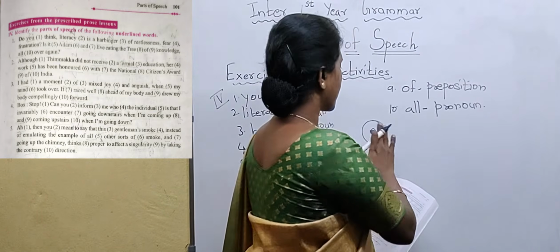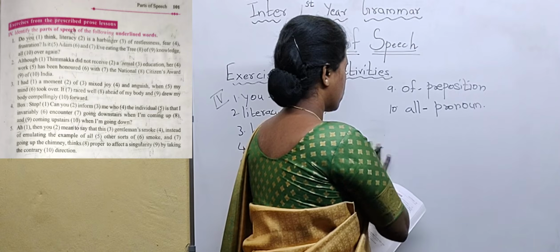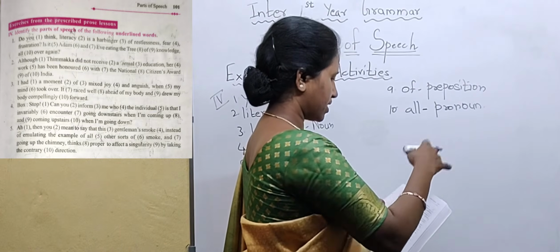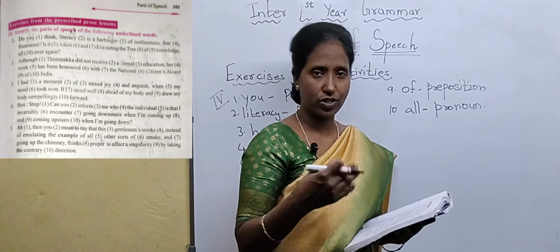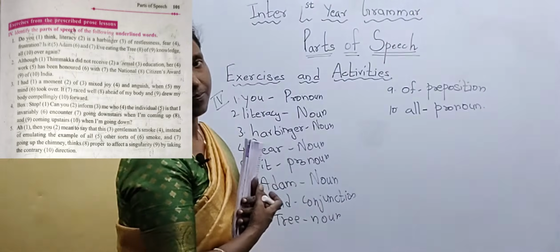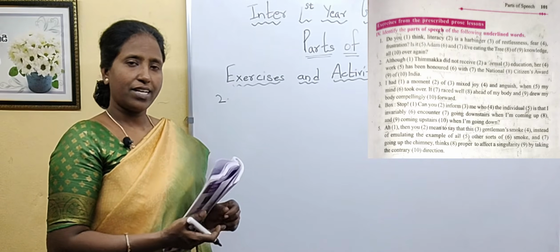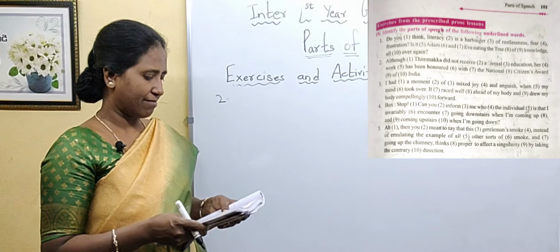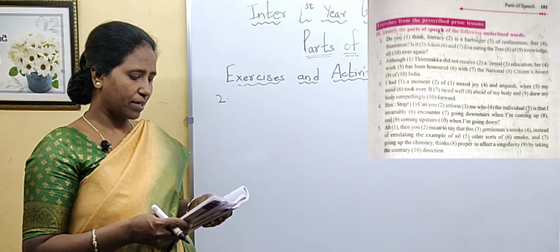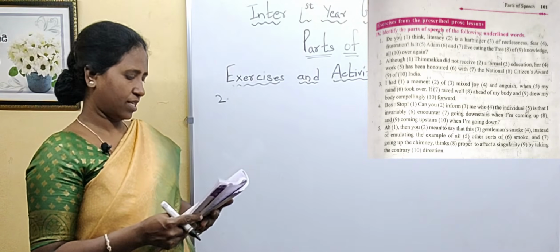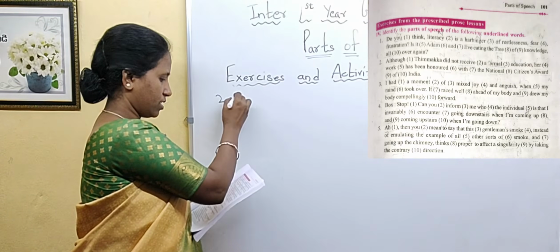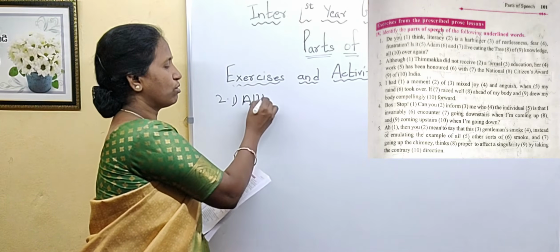I will move on with the second one in the next one. If I write everything here, the place won't be sufficient. For the second one, I will come again. Now we move on to the second one. Although Timmakka did not receive. In this, the first one is although.